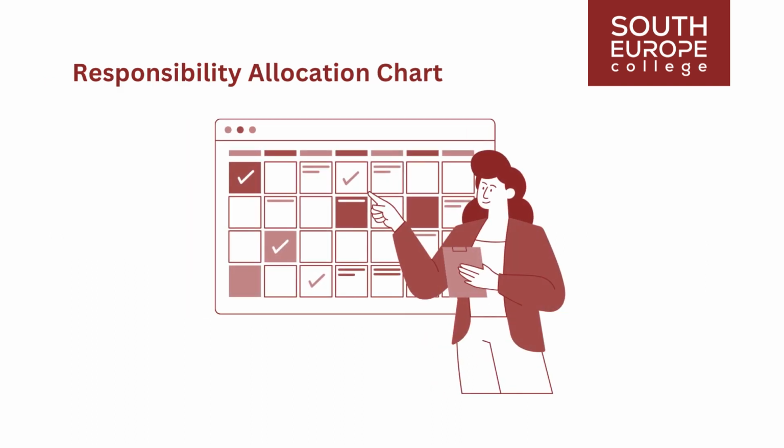A responsibility allocation chart, commonly called a responsibility matrix or assignment matrix, is designed to define who is accountable for various work packages. The matrix delineates major project tasks and activities, aligning them with the responsible individuals, groups, departments, or contractors.